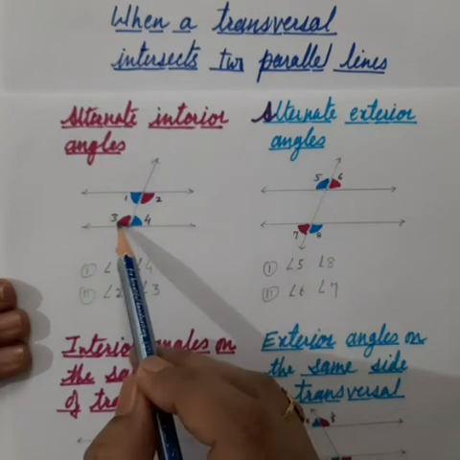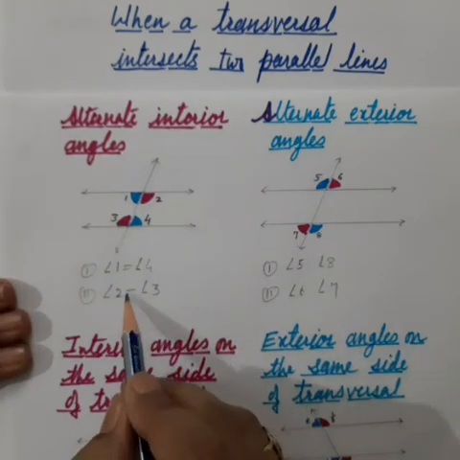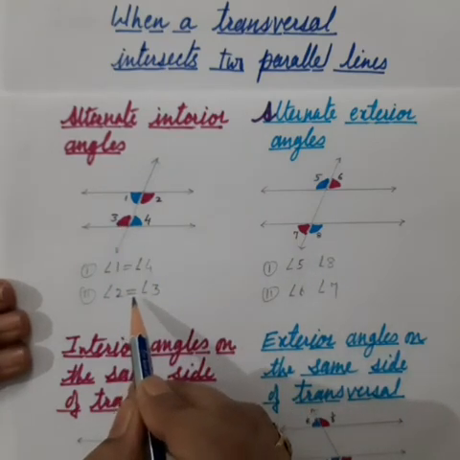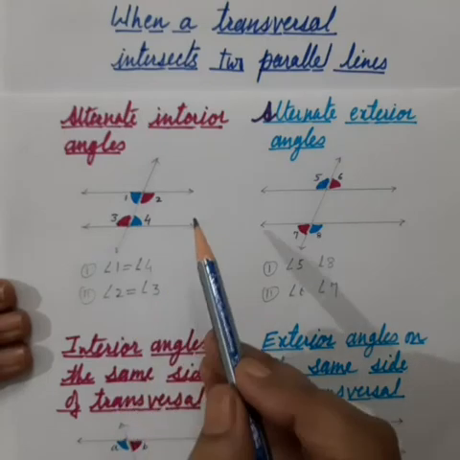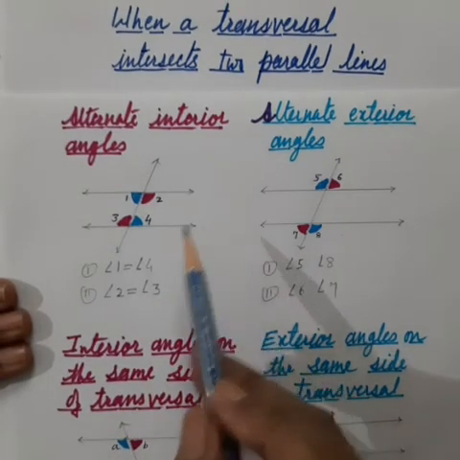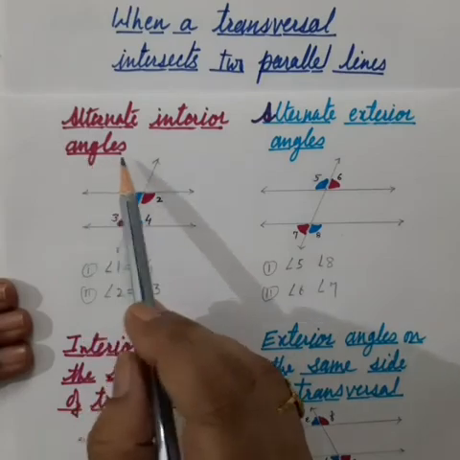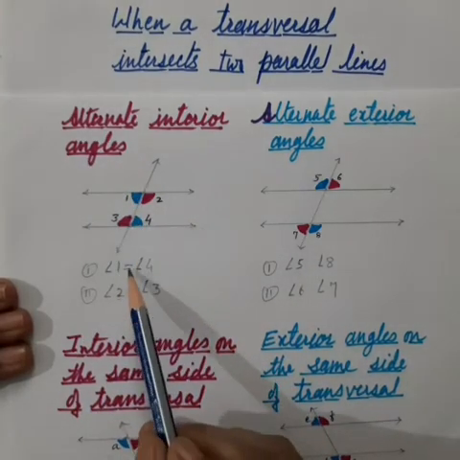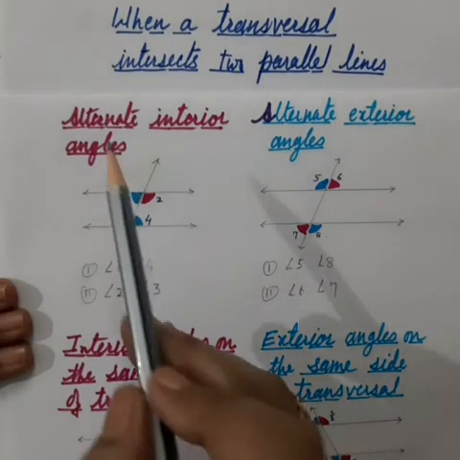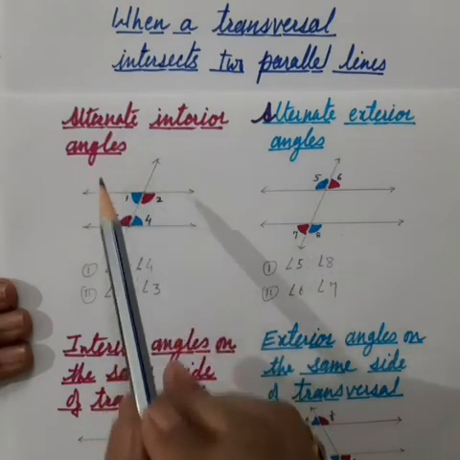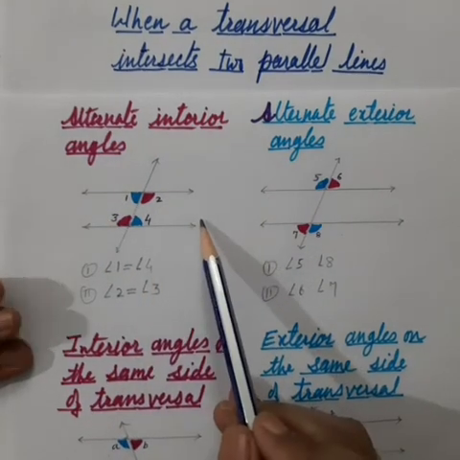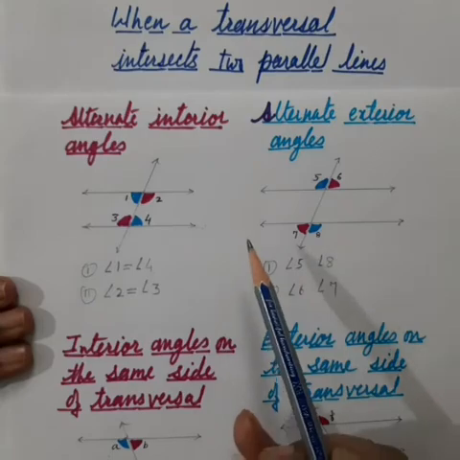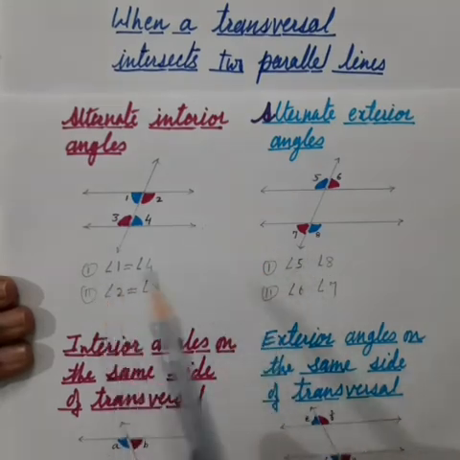Angle 2 and angle 3 are also alternate interior angles, so they are equal. But if the lines are not given parallel but the alternate interior angles are given equal, we can say that because the alternate interior angles are equal, the lines are parallel. We can use this property in both ways.